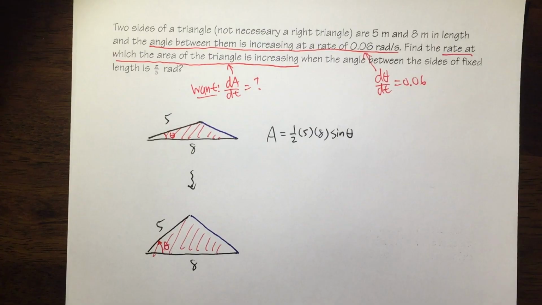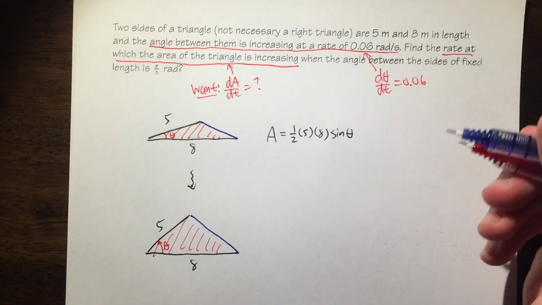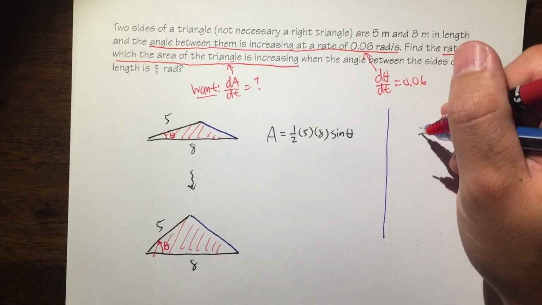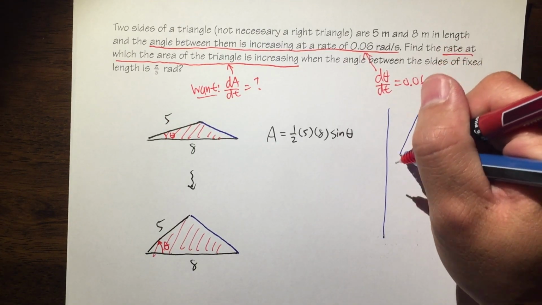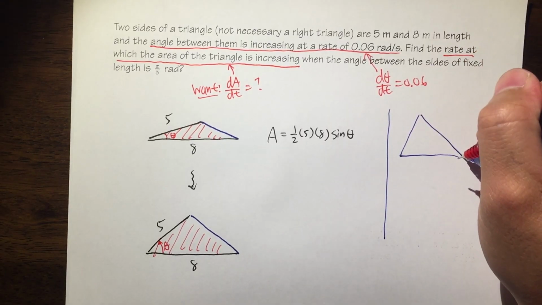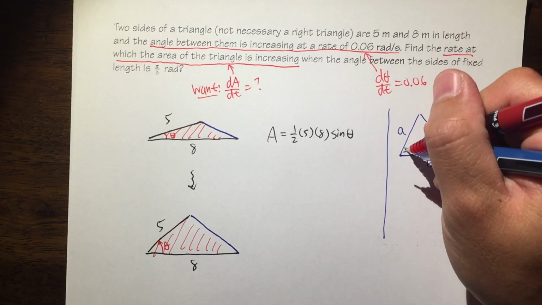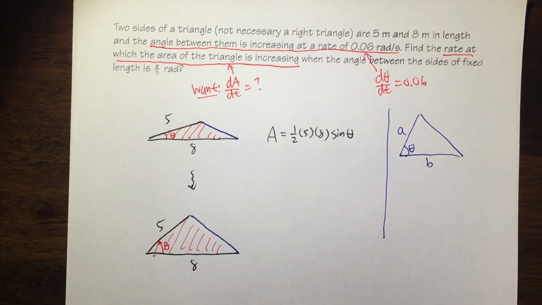That's it. And I think it's also worthwhile for me to go over the proof real quick, so let me do it on the side. So suppose I have a random triangle like this, and I will just call this side A, this side B, and this is the angle in between them, which is theta.